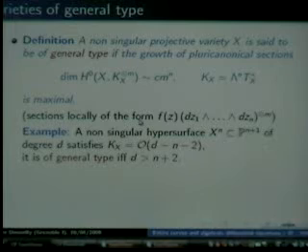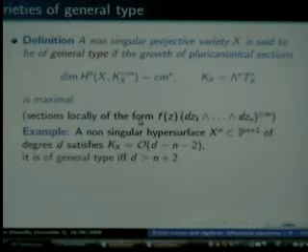Okay, so now we need another definition. A non-singular projective variety is said to be of general type if you have the maximal possible growth of the so-called pluricanonical sections. The pluricanonical sections are, by definition, sections of the tensor multiples of the canonical bundle.